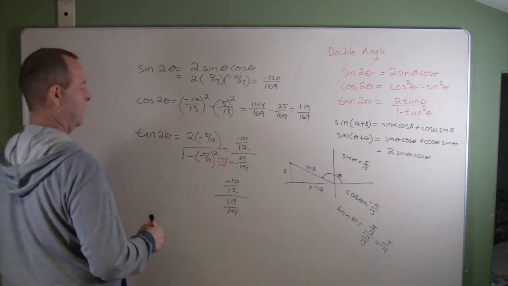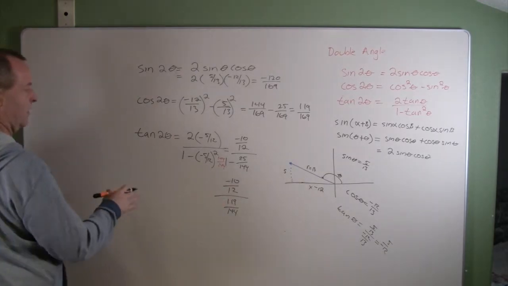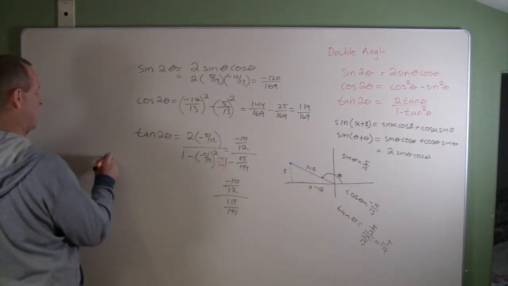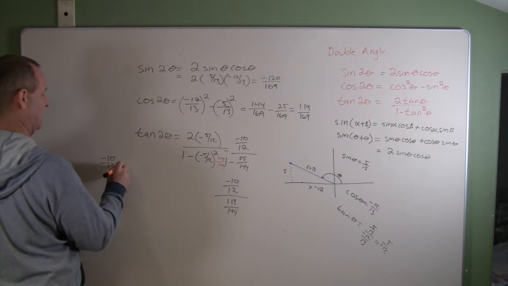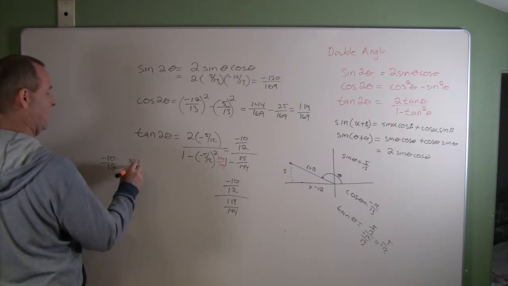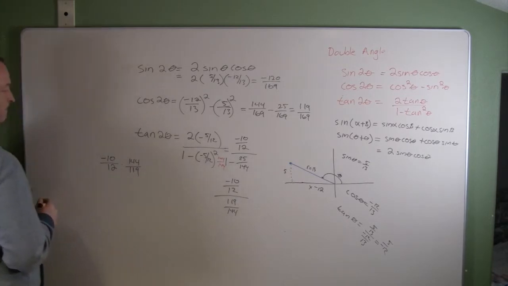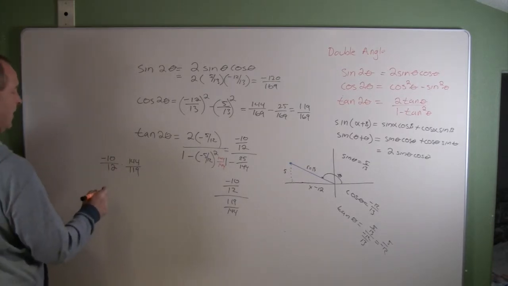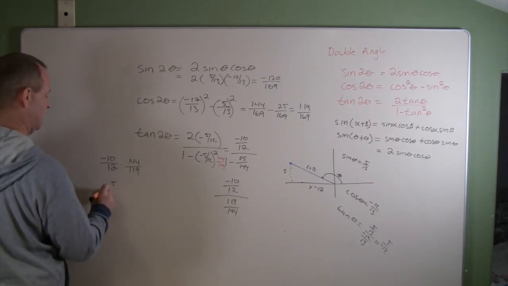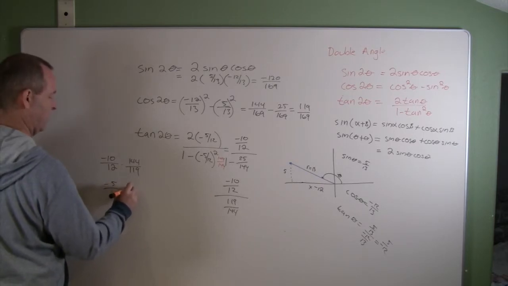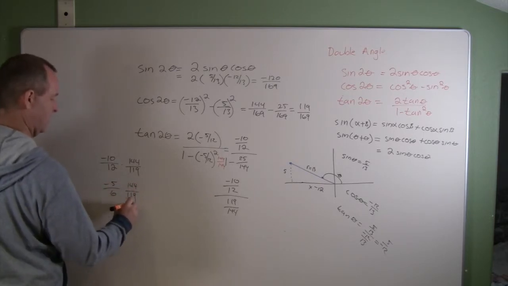Let's flip and invert. So minus 10 twelfths times 144 over 119. I can reduce this down to 5/6 times 144 over 119.